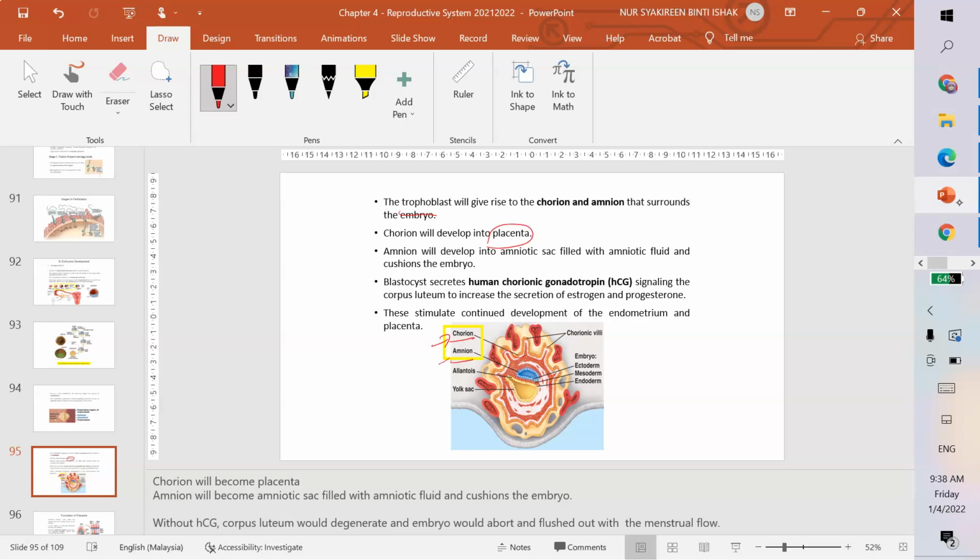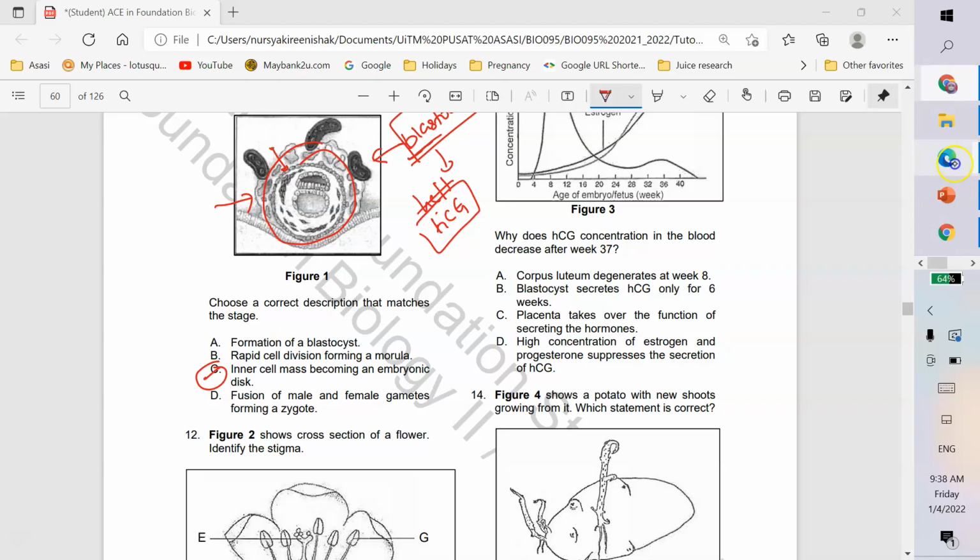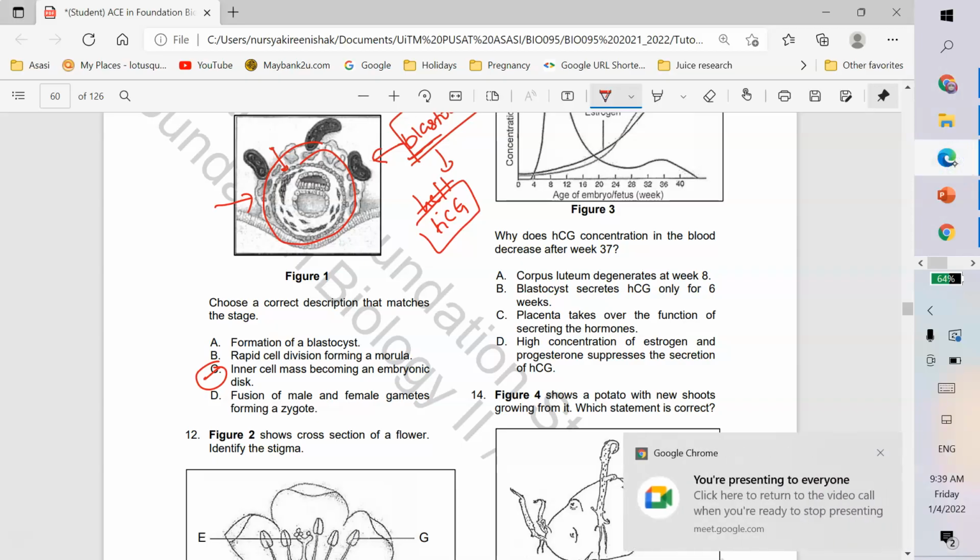Amnion will develop into amniotic sac. So this stage is called blastocyst, which secretes the hormone HCG. So this is to signal the corpus luteum yang tadilah to produce estrogen and progesterone yang saya dah explain tadi tu. Alright. Okay. So next, so thank you Fakri.